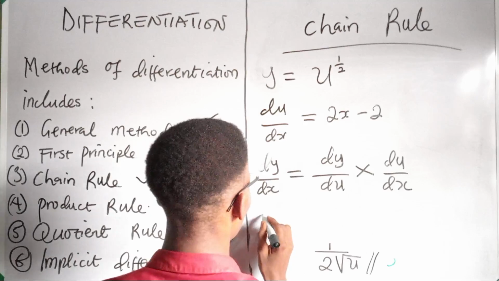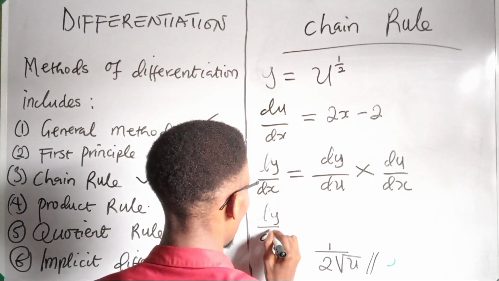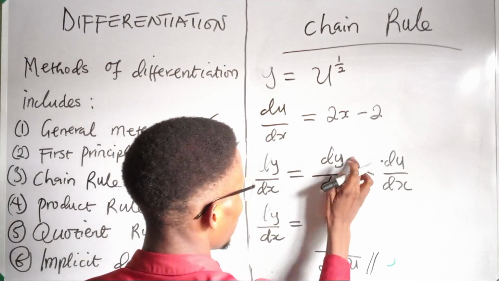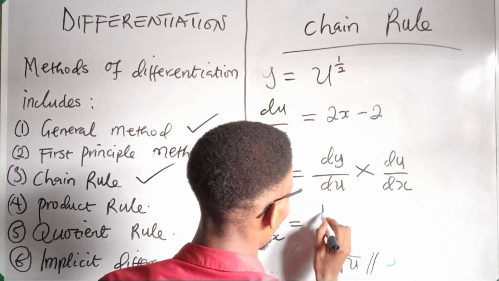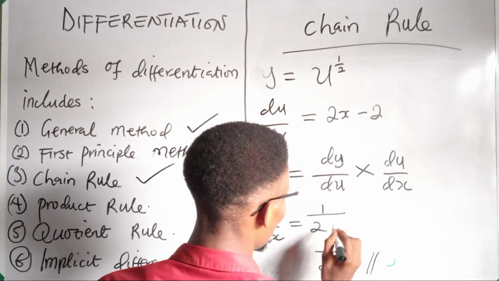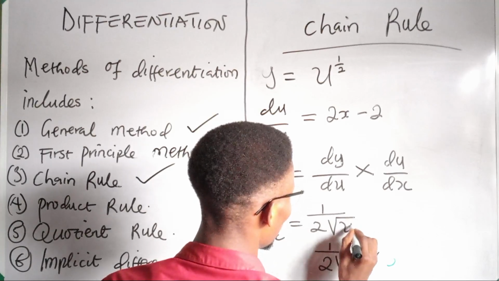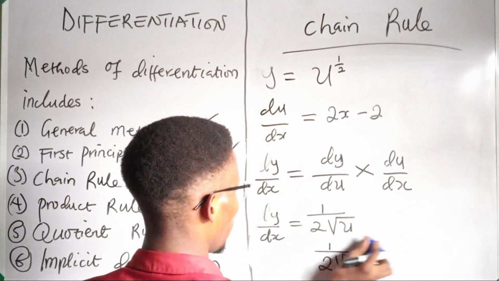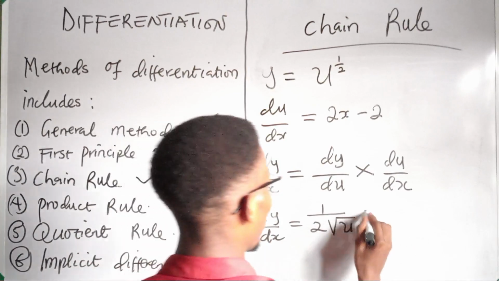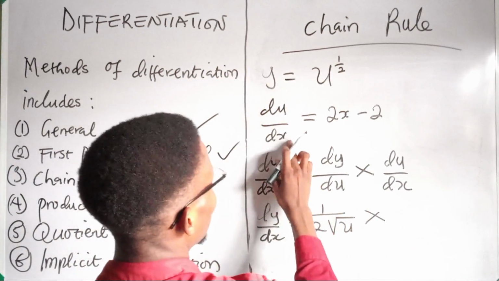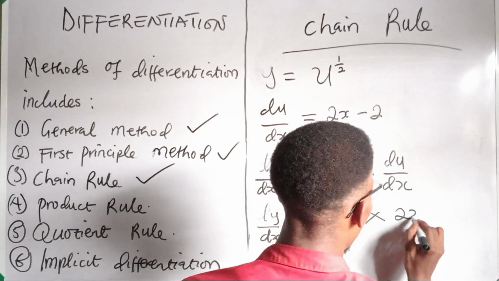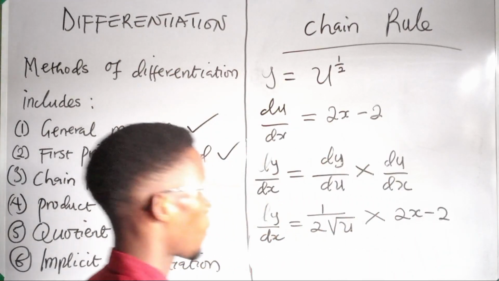So dy over dx equals dy over du, which is 1 all over 2 square root of u, multiplied by du over dx, which is 2x minus 2.